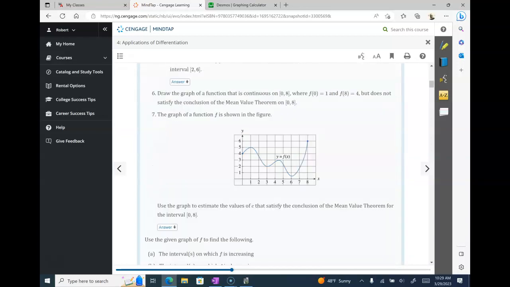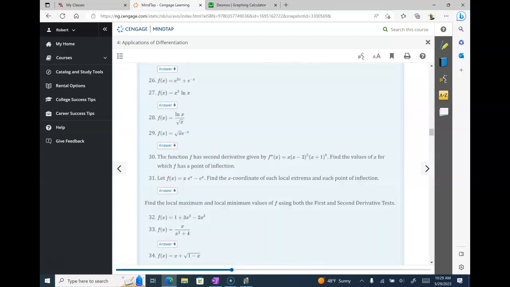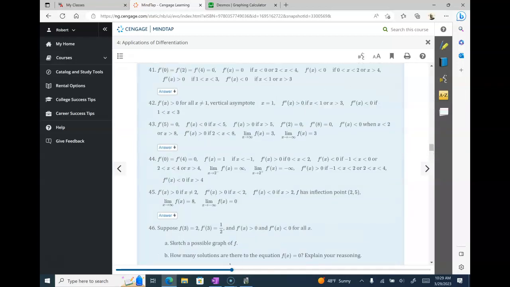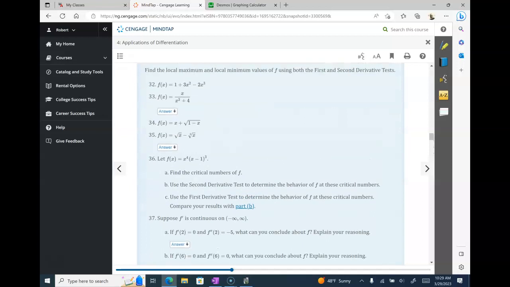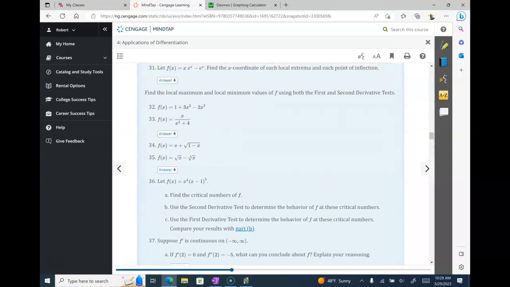Let's look at 33 and 57. So 33 says, get me local maxes, but use first derivative test and the second derivative test. Remember, I told you there might be one like that, and they're kind of saying to you, which one do you like better?